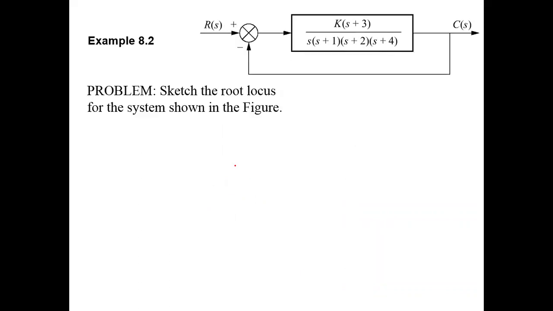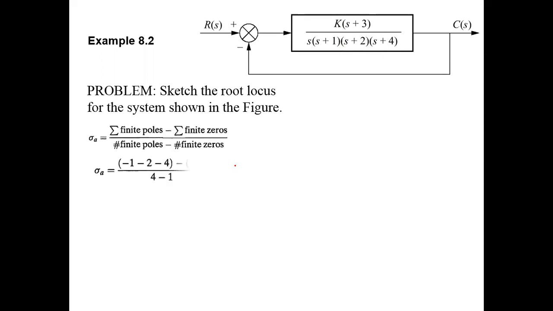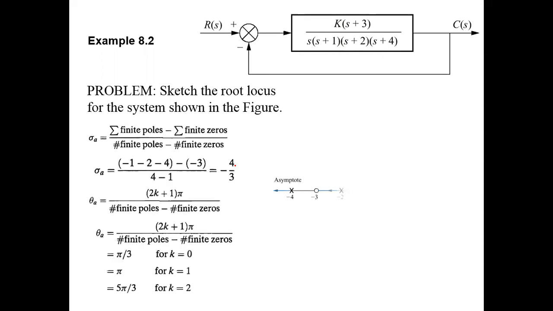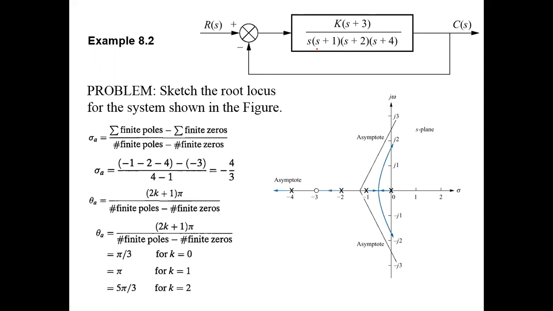Let's discuss another example with infinite zeros. First we will draw the poles. Poles are at 0, -1, -2 and -4, and the zero is at -3.